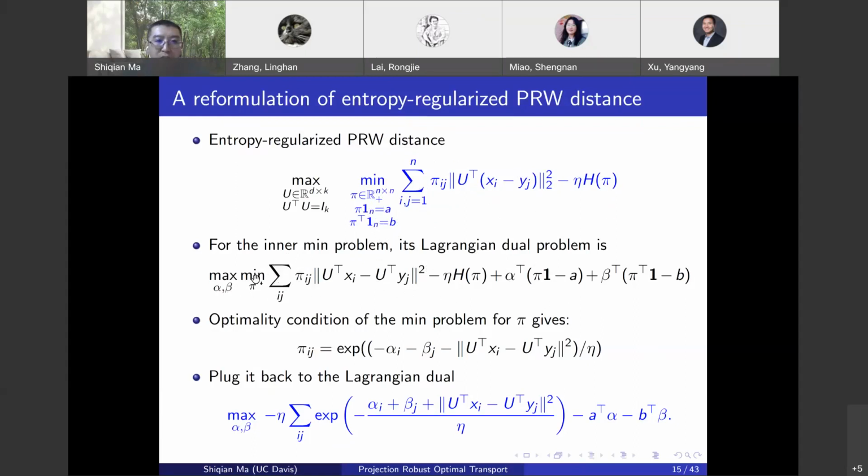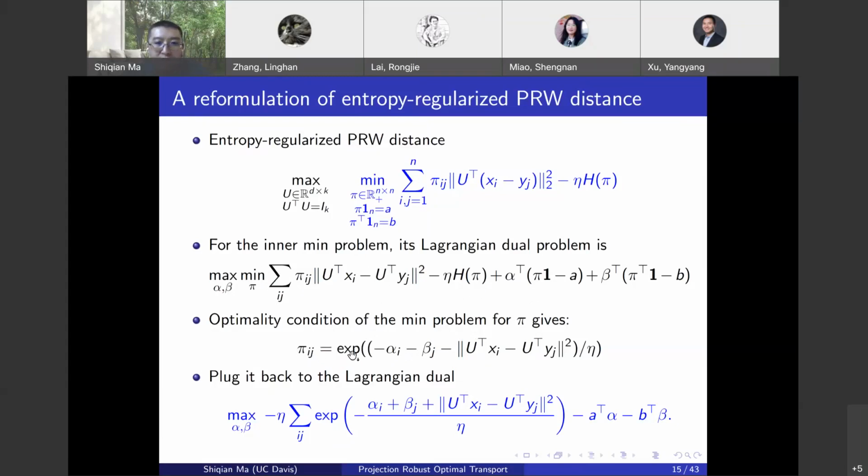And then for this minimization part, now you see your variable pi has no constraint. For this minimization problem, we know that it admits a closed form solution given by this. Now, if you just plug this expression back into the objective function here, then you no longer have pi. You only have a function with respect to alpha and beta.